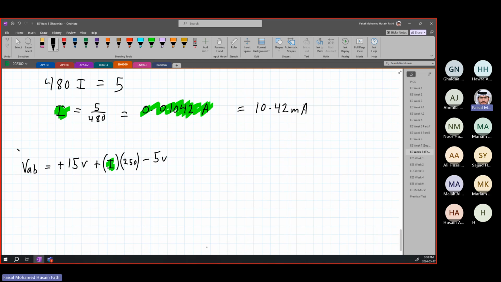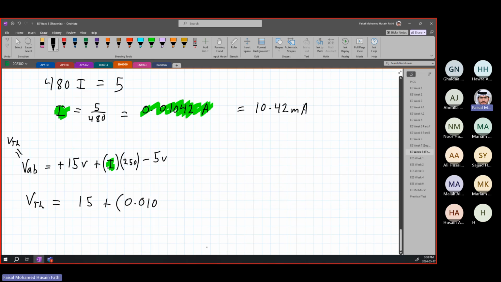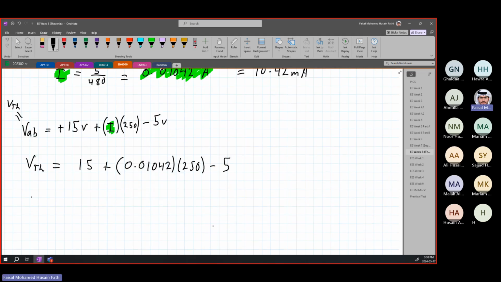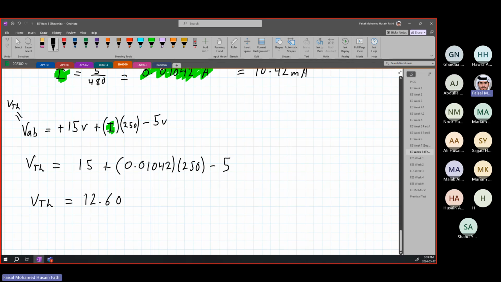Remember, VAB is equal to Thevenin. So Thevenin is equal to 15 plus I, which is 0.01042 times 250 minus 5. Putting that into the calculator, Thevenin is going to be equal to 12.60 volts. And that's it.